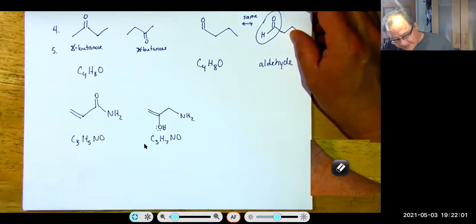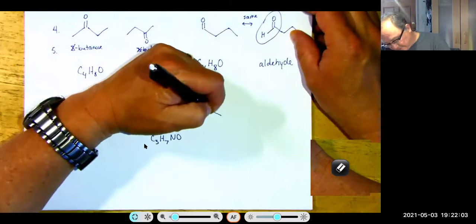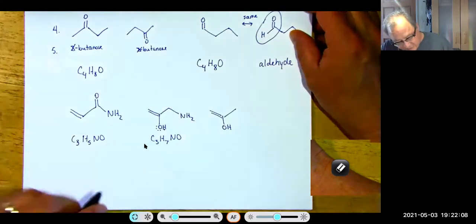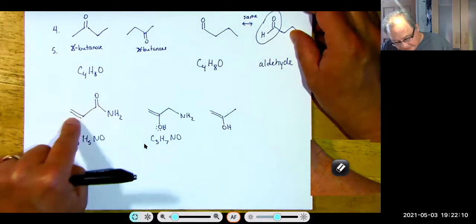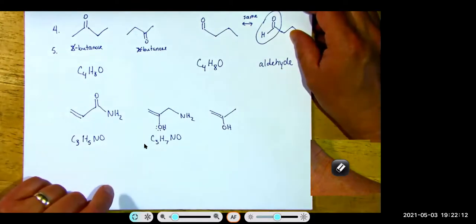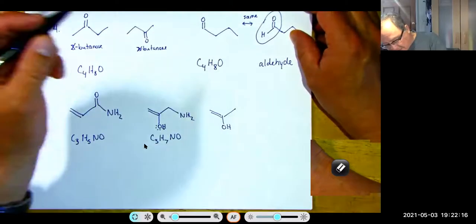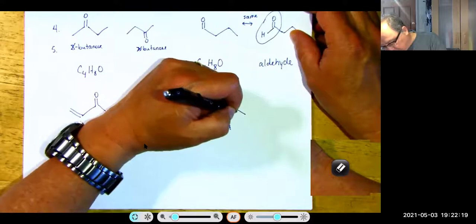What if we did this? See, we have 2 double bonds here, right? Yeah. I think we want another double bond. What if we put a double bond to the nitrogen?